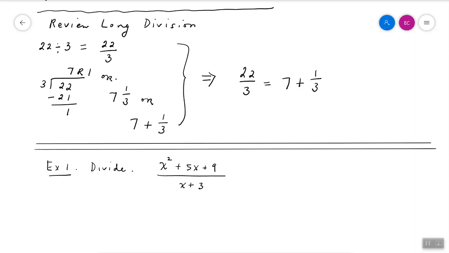And so then there's some good vocabulary that we should remember now. When we divide two numbers, the 22 on top is called a dividend, and the 3 on the bottom is called a divisor.